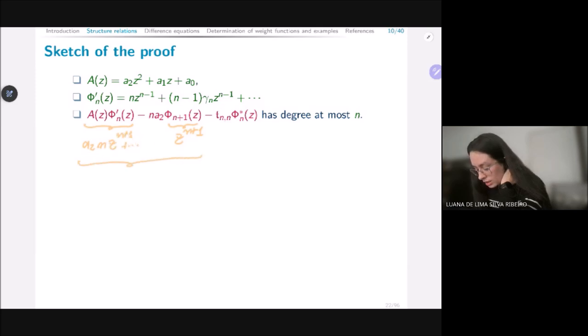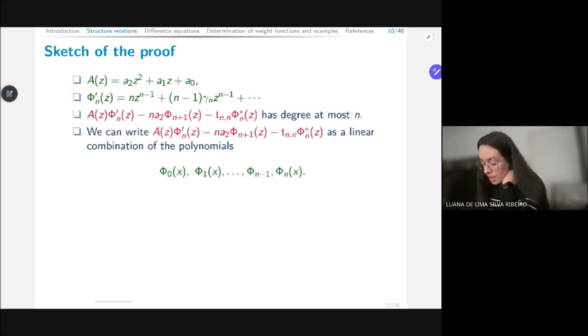So this here is a polynomial of degree n, and the reverse polynomial. So this expression has degree at most n. Then we can write this expression as a combination of the orthogonal polynomials phi 0, phi 1, up to phi n minus 1, phi n. But we don't need every one.